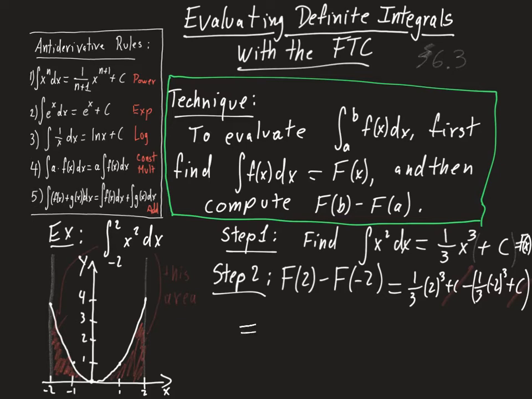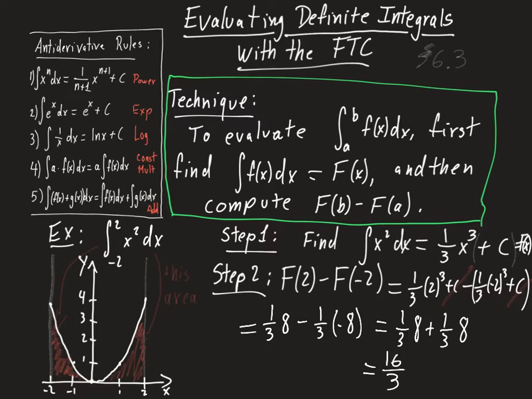All right, let's see what we're left with. We get 1/3 times 8 minus 1/3 times negative 8. This becomes equal to 1/3 times 8 plus 1/3 times 8. And this is going to be equal to, I believe, 16/3. And this is units squared.